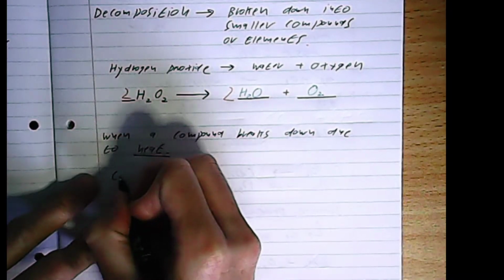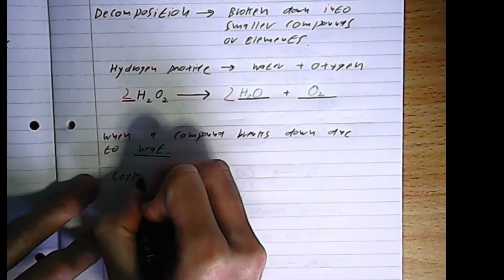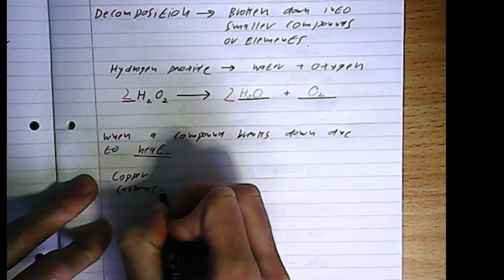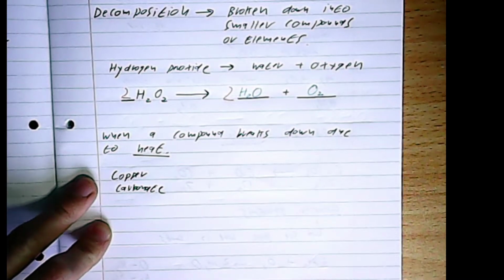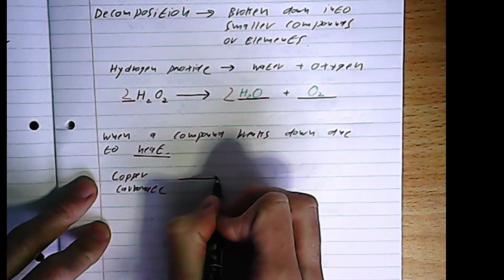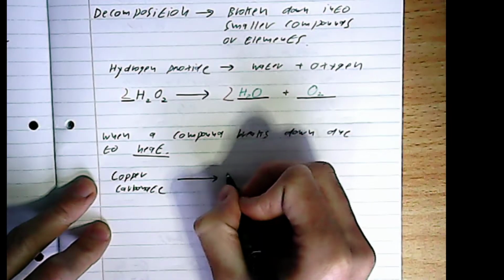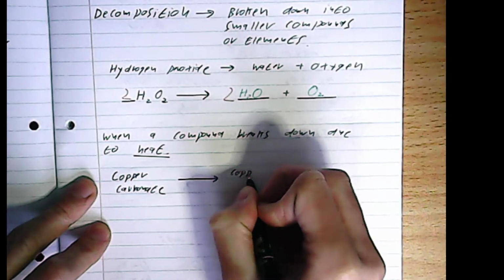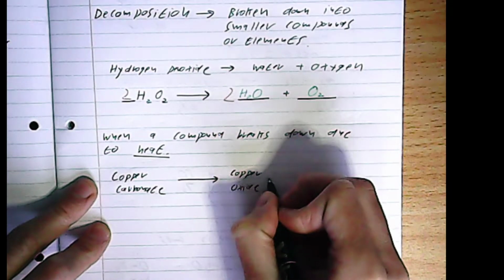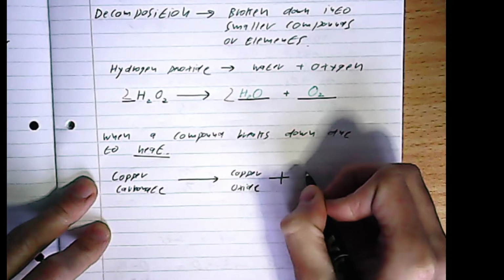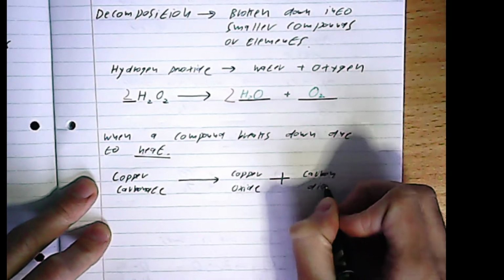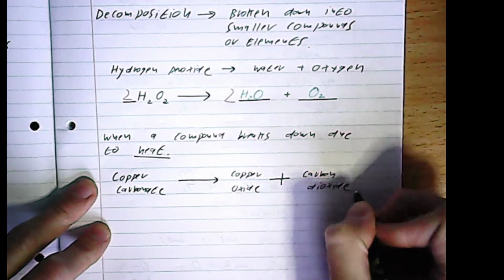So thermally decomposing copper carbonate. When you thermally decompose copper carbonate, it breaks down into two components. The first one is copper oxide, and it also breaks down into carbon dioxide.